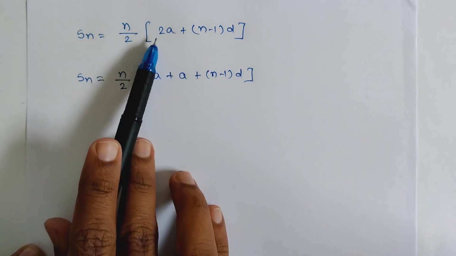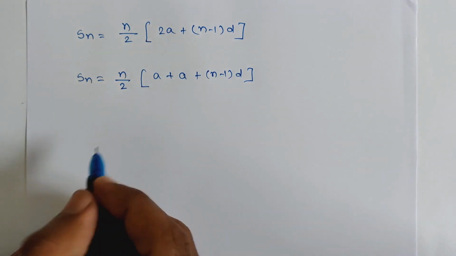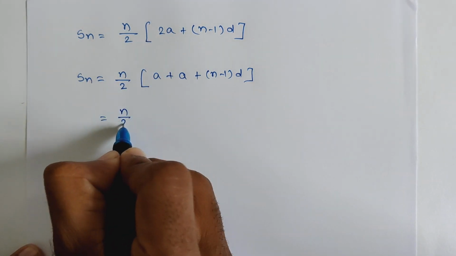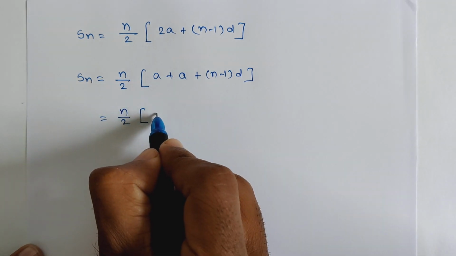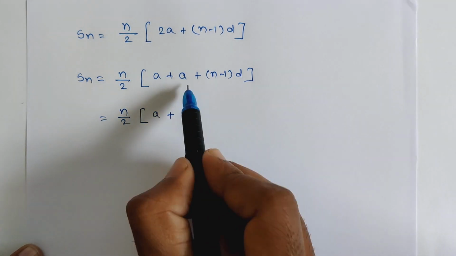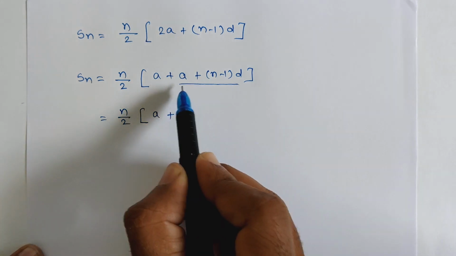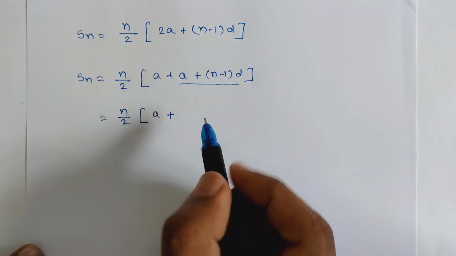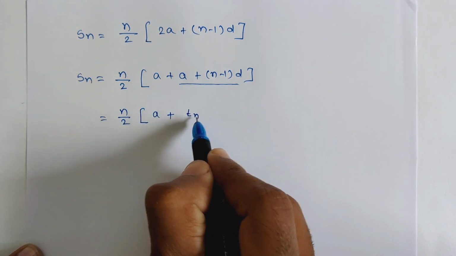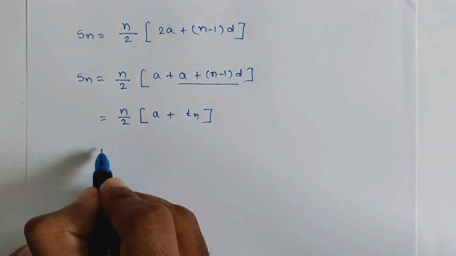So that is equal to n by 2 into bracket a plus, a plus n minus 1 into d, which is the general formula for Tn, the nth term of an AP.